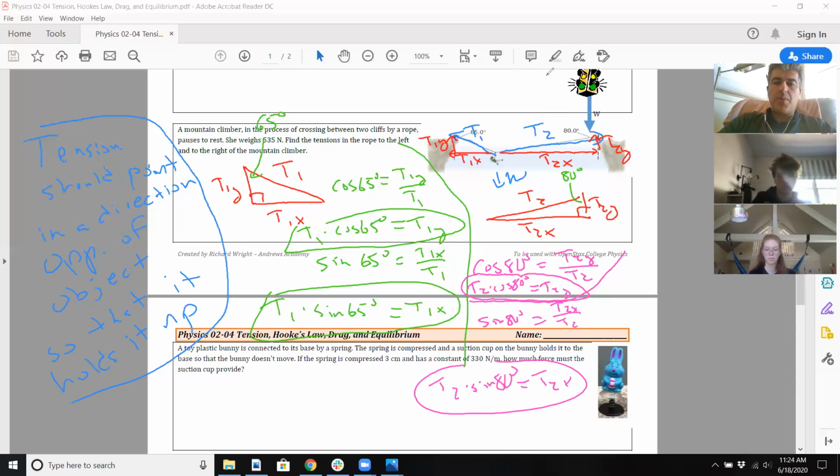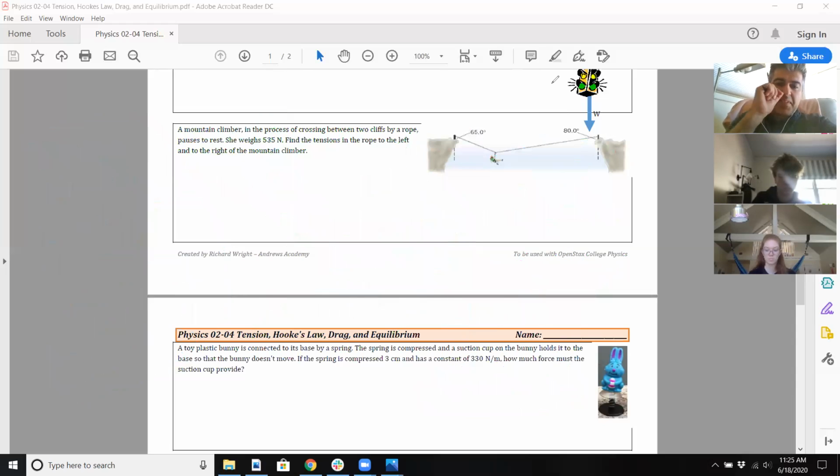So here's the deal. If we balance out the forces, when you look at your horizontal forces, that's simply going to be T2x minus T1x equals 0.